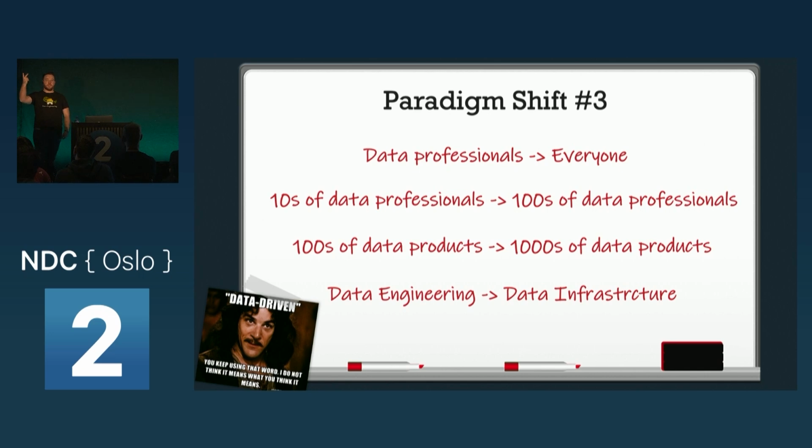Tables, streams, pipelines, reports, analytics, all of these, right? And at this point, this is also usually the time where companies realize that you need to start thinking not in terms of data engineering teams that create the data. You need to think in terms of infrastructure, in terms of platforms.